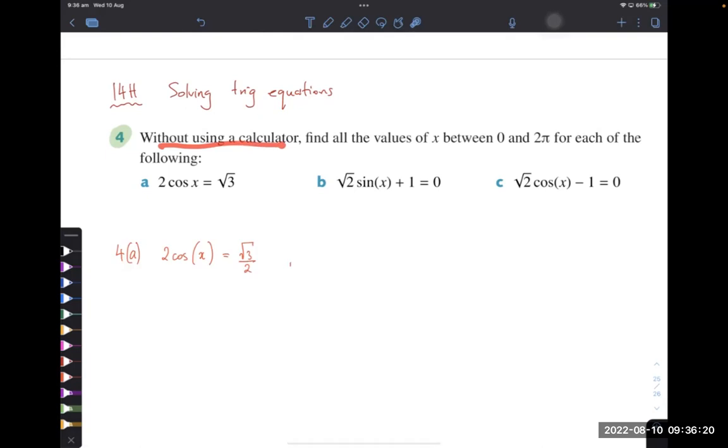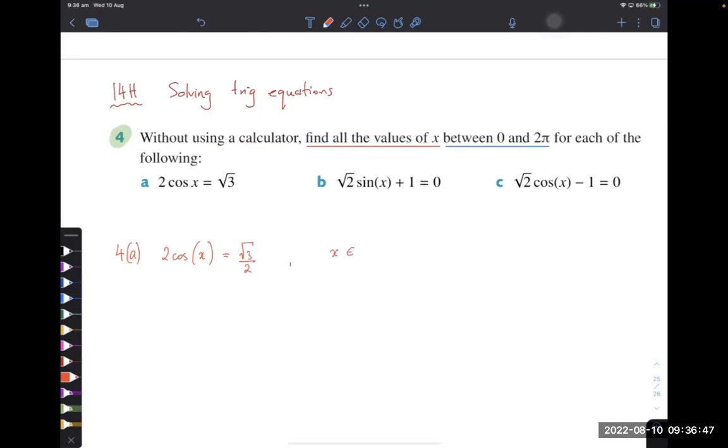Okay, without using a calculator, find all the values of x between 0 and 2 pi. So find all the values of x between 0 and 2 pi. So, sorry, not theta, it's x in this case.